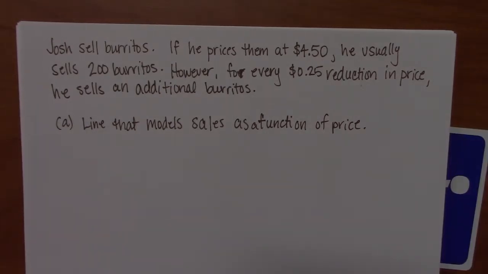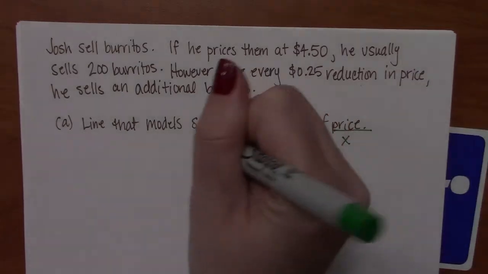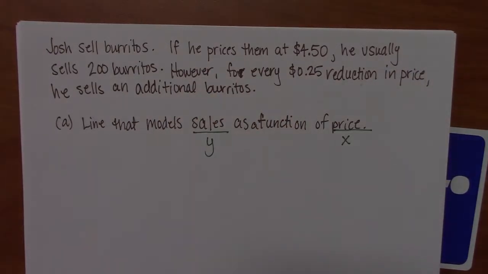The first decision you have to make when you're building a linear model is you have to know what the input variable is versus the output variable. If it says sales as a function of, remember, function of is telling you what's going to go inside. So price is going to be the input variable, and sales is going to be the output variable.